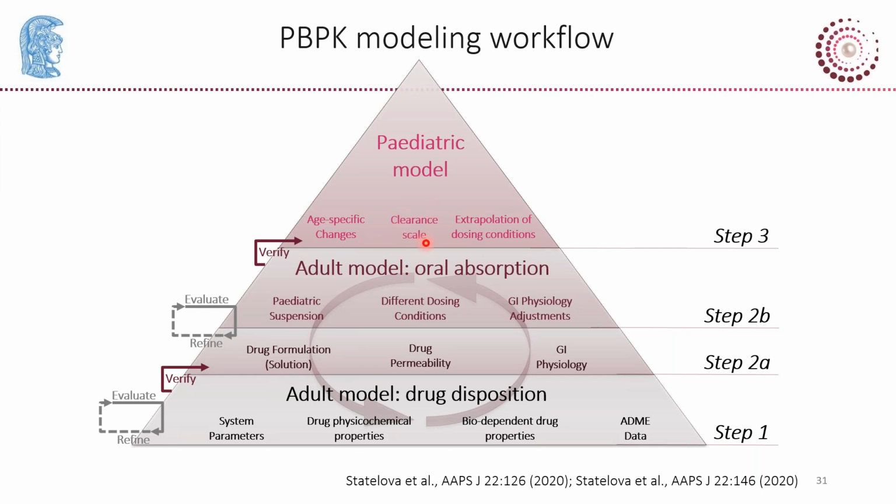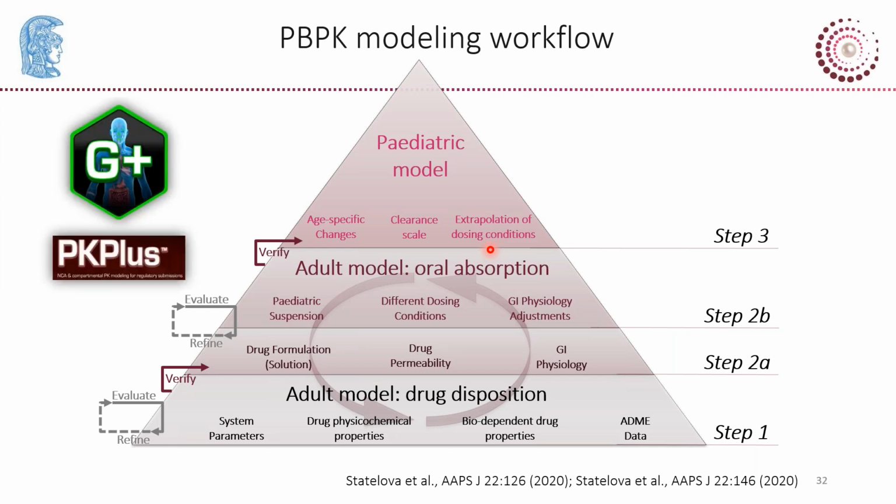We performed clearance scaling, and finally we extrapolated the dosing conditions mentioned in the previous studies to the pediatric population. The performance of this model was evaluated using PK parameters and pharmacokinetic profiles in pediatric populations that were reported in literature. We performed all this work using GastroPlus version 9.7, and the PK analysis was performed using PK Plus.